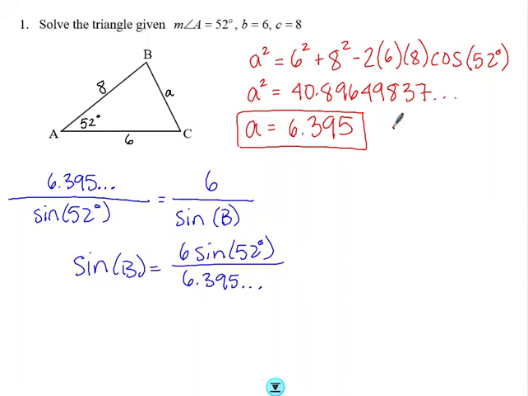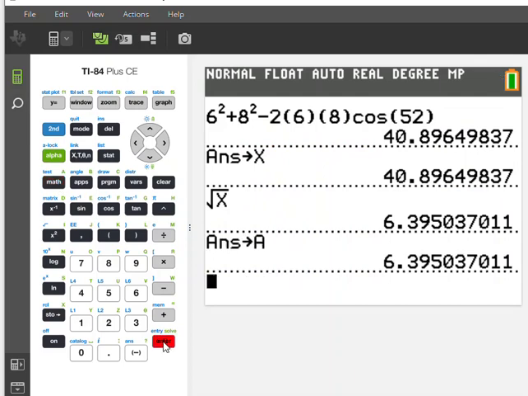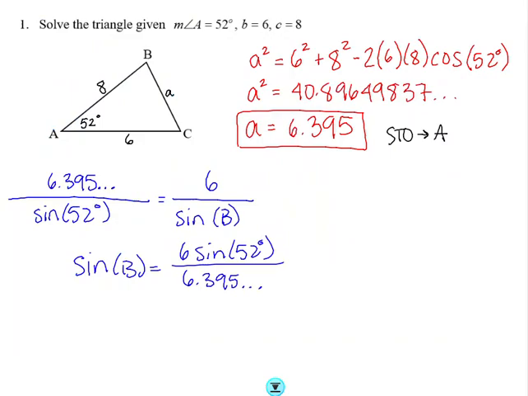So I'm going to take this value and store it for A in the calculator. I'm going to hit store, alpha, A. Now I can use that as I'm doing my calculations. The last thing I have to do to solve for B is the inverse sine.